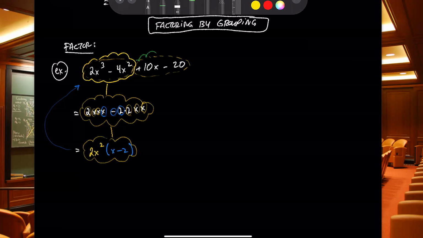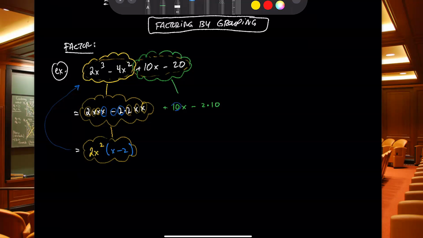For the second group, we can do the same thing. What was distributed here? Well, you could rewrite this as 10x minus 2 times 10 is 20. Again, if you saw that GCF, you could do it in parts like we saw just before, if you didn't see that.